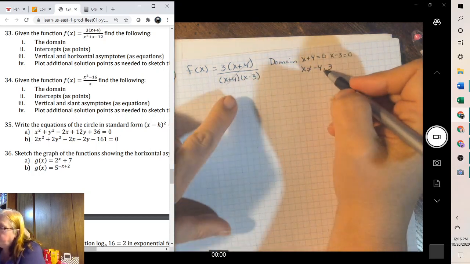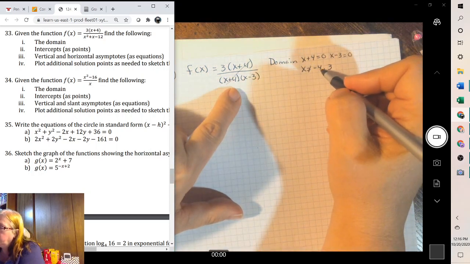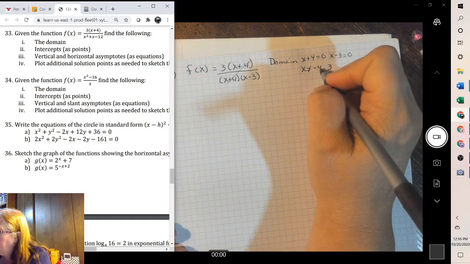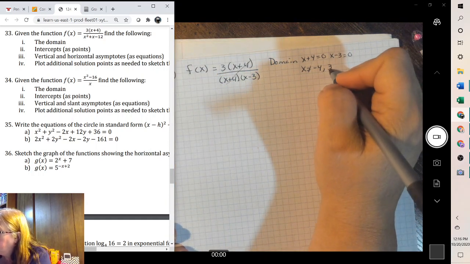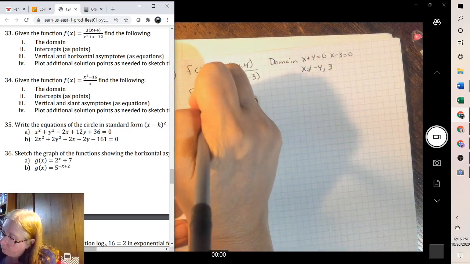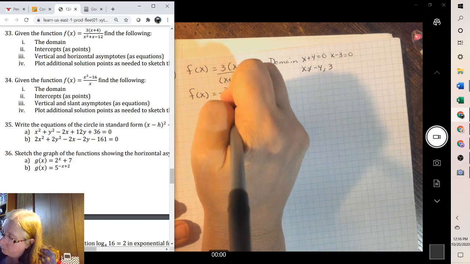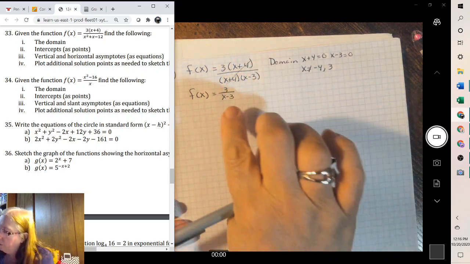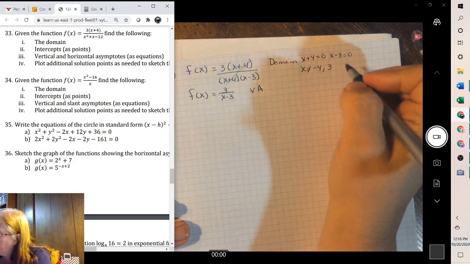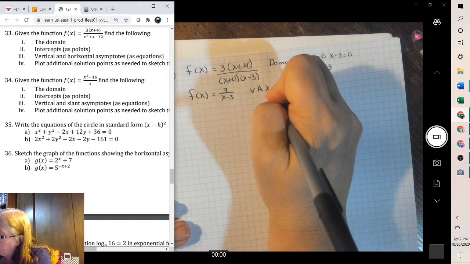So because the 4 cancels, the -4 here, the +4 here, that is an open circle. This one doesn't cancel, so it's a vertical asymptote. We have a vertical asymptote at x equals 3.